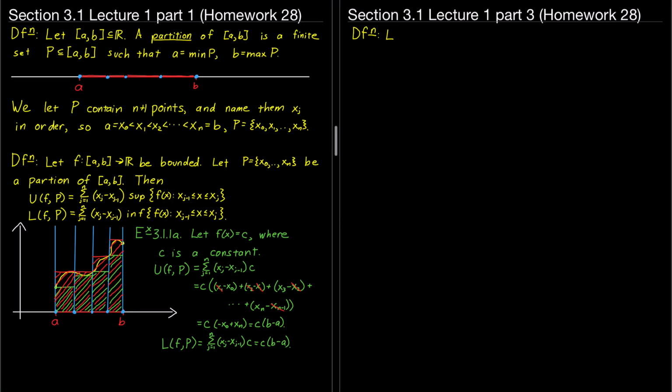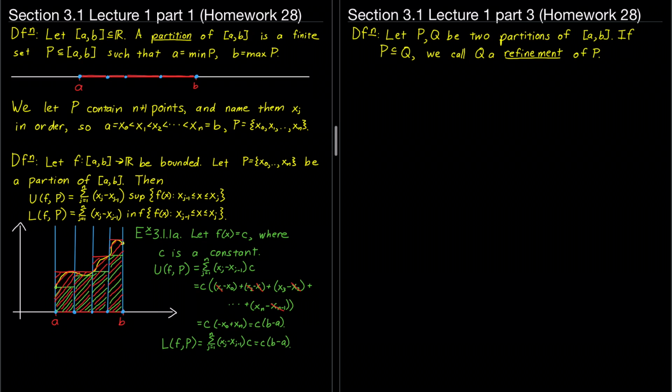So let's let P and Q be two partitions of the interval from A to B. And then if P is a subset of Q, we call Q a refinement of P.